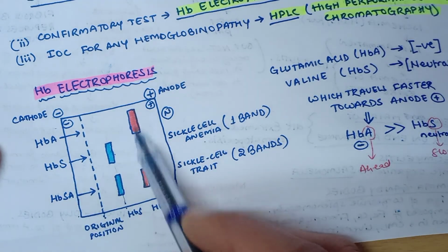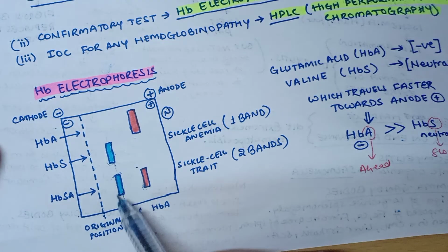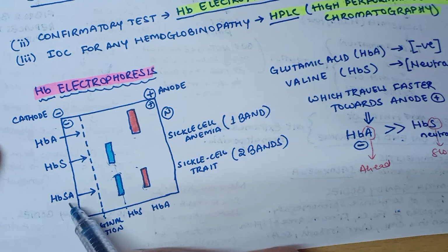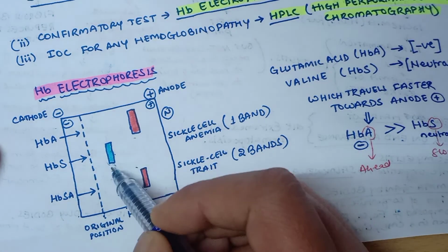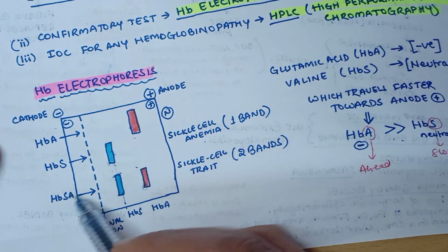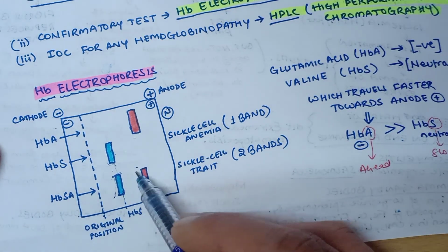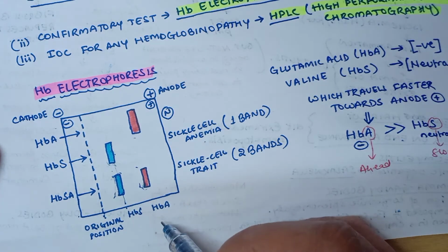So HbA will be ahead and HbS will lag behind. HbA and HbS will each have a single band, and HbSA will have a double band, that is, two bands of HbS and HbA.